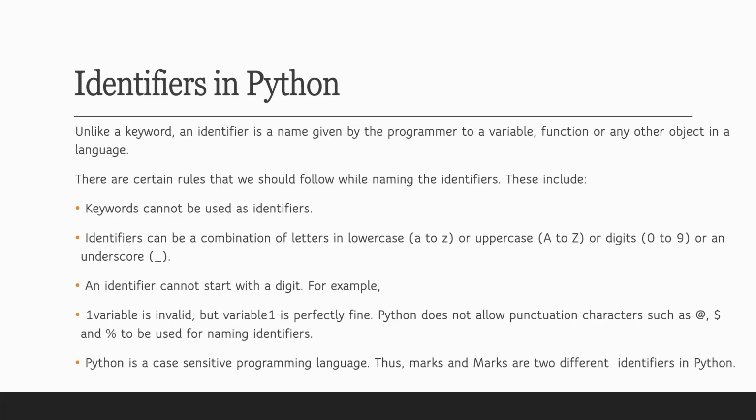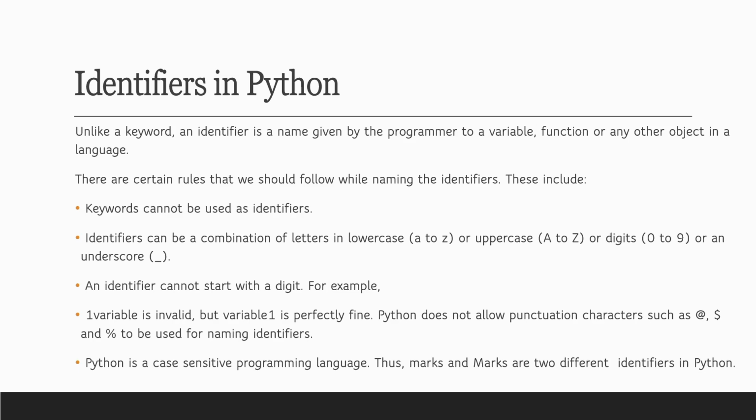Identifiers in Python. In Python, apart from using keywords, we also create our own names. These names are called identifiers. Identifiers are labels we give to variables, functions, or any other objects in a program.